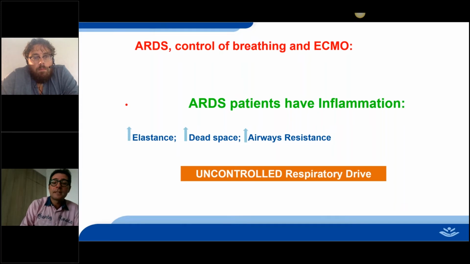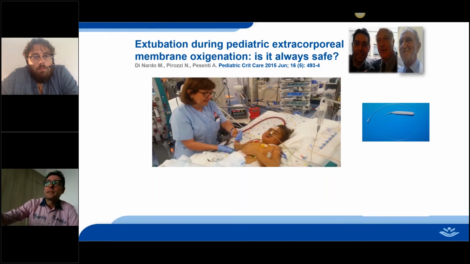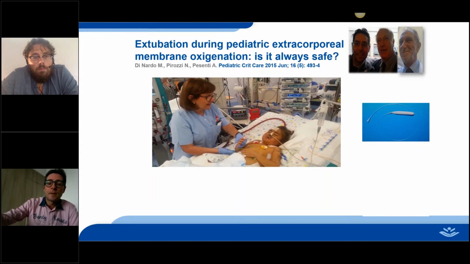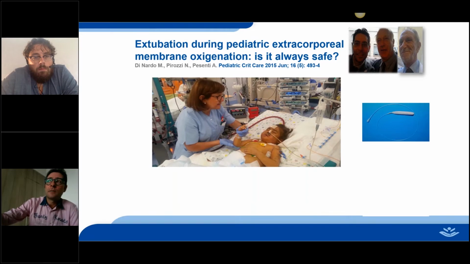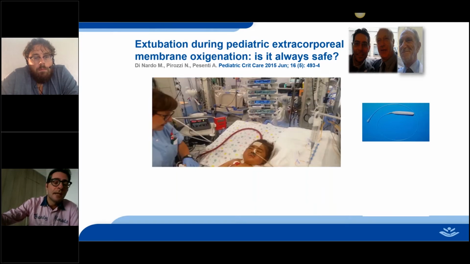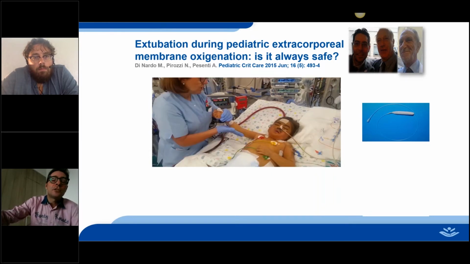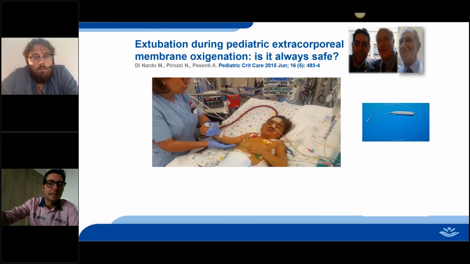Some years ago, we tried to verify that this was true, and we tried to measure the respiratory effort, awakening some ARDS patients in the early phase on ECMO. And we measured the swing of the pleural pressure using an esophageal catheter.